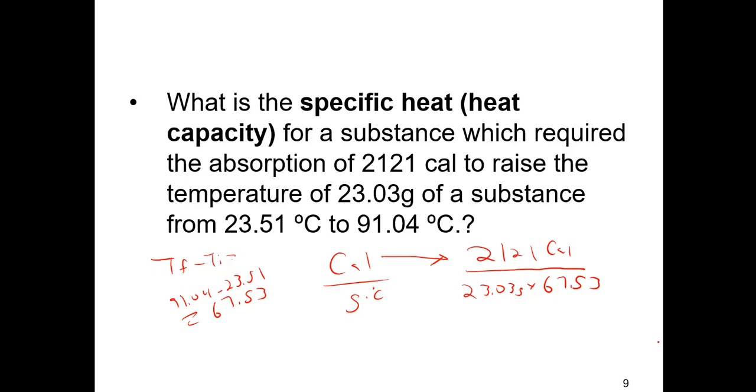Next, I went ahead and set up my equation. Calories are on top, divided by grams, divided by the change in temperature. Now I'm just going to go ahead and solve the problem.